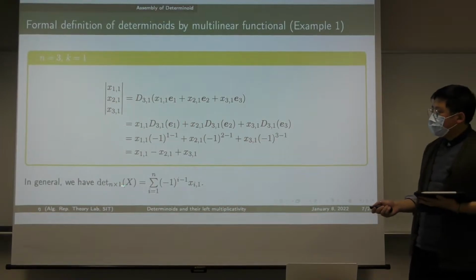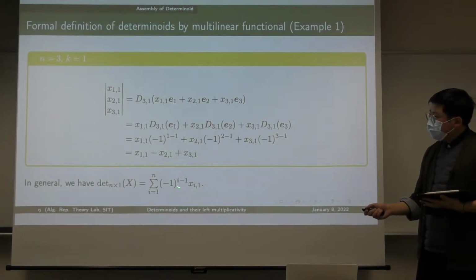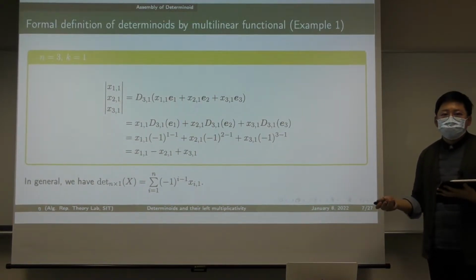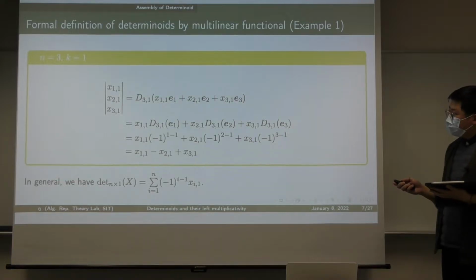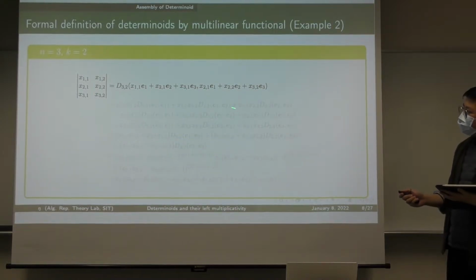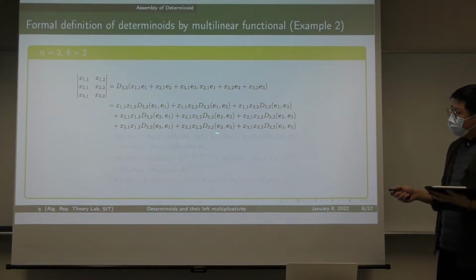So in general, the n by 1 determinoid of x is equal to the summation of all entries with alternating signs. Okay, next is a bit more complicated, when k is 2. First of all, we write it in multilinear functional form again, and then expand it by linearity.